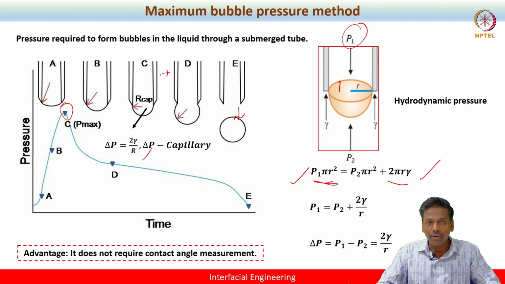And then you have gamma, the surface tension force, which acts upward, pulling the bubble from detachment, which is gamma into 2 pi r, and 2 pi r is the perimeter here. Now, when you perform this force balance, you will get delta P is 2 gamma by r, and it is the same as the Laplace pressure for a spherical geometry, which we will also show in the following lecture.